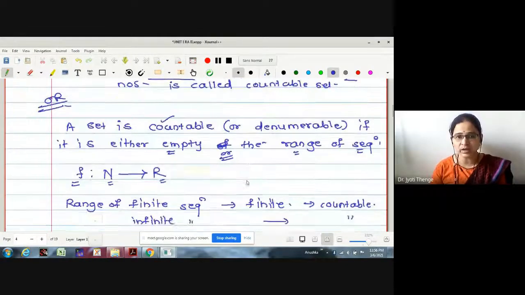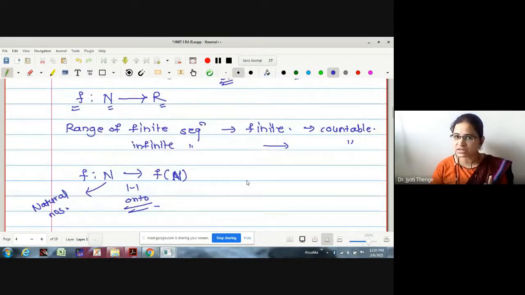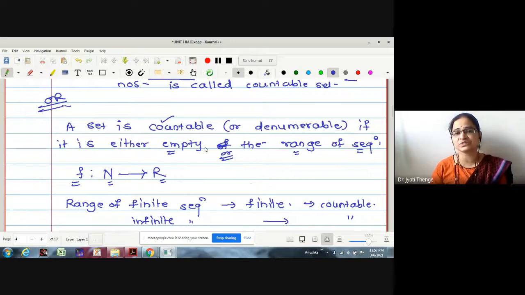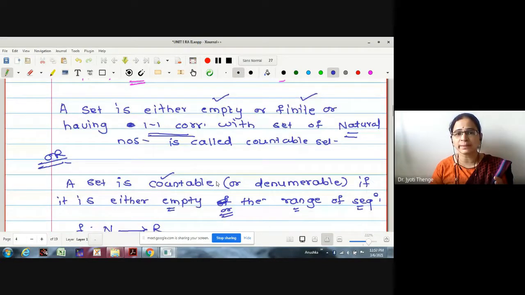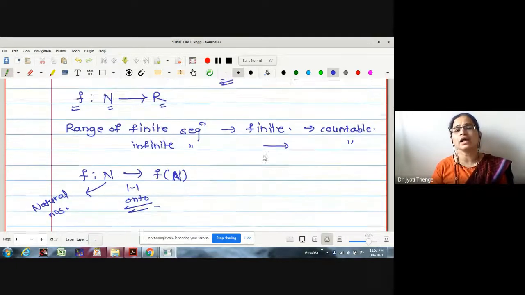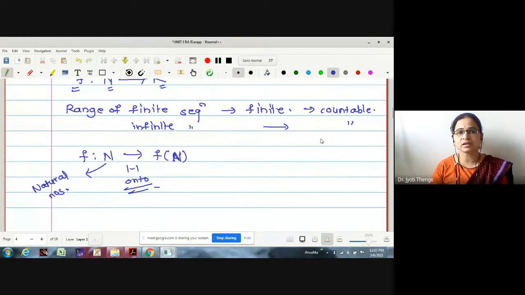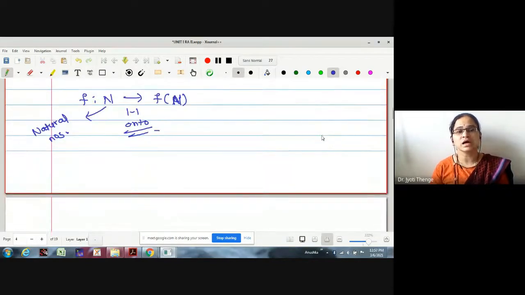Therefore, every empty set is countable, every finite set is countable. And in case of an infinite set, we have two definitions: either it should have a one-one correspondence with the set of natural numbers, or it is the range of some sequence.